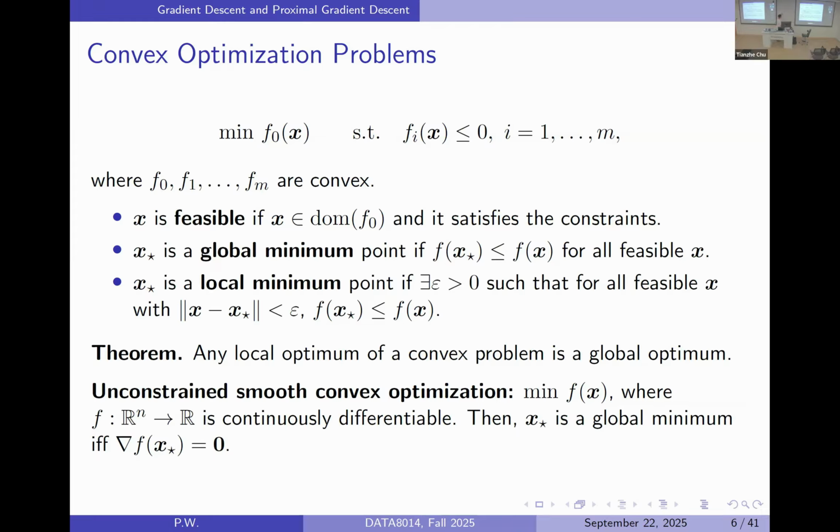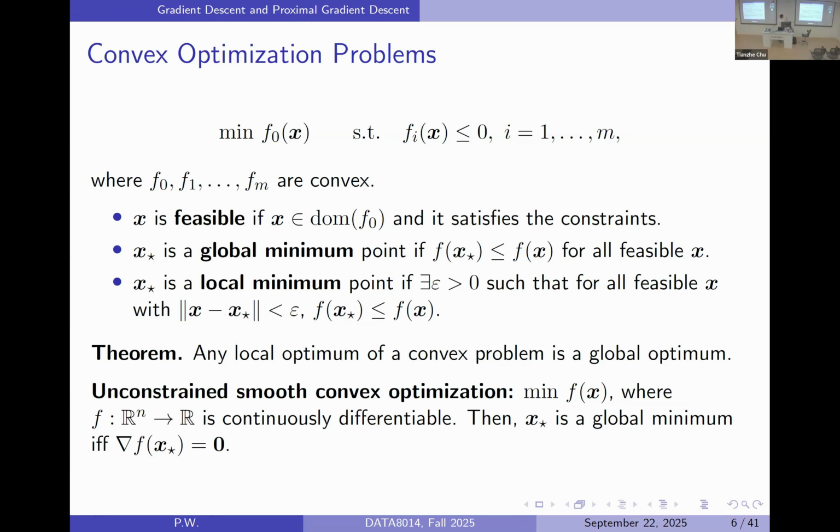Of course, this is a convex optimization problem. For this convex function, a global optimum is also a local minimum. A very good property of convex optimization is that a local minimum is also a global minimum.